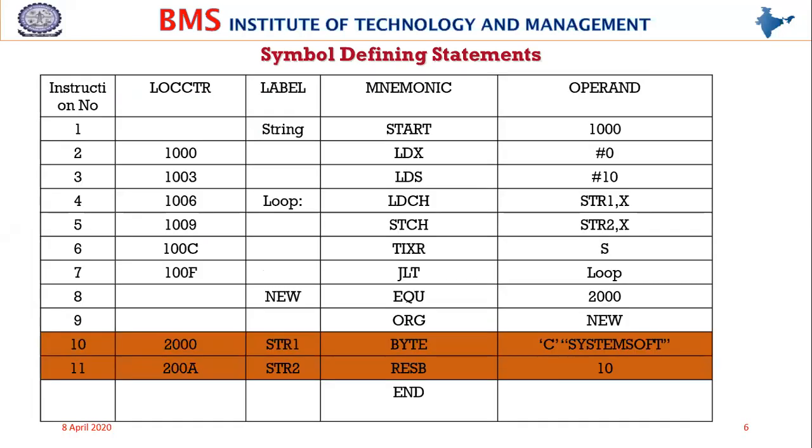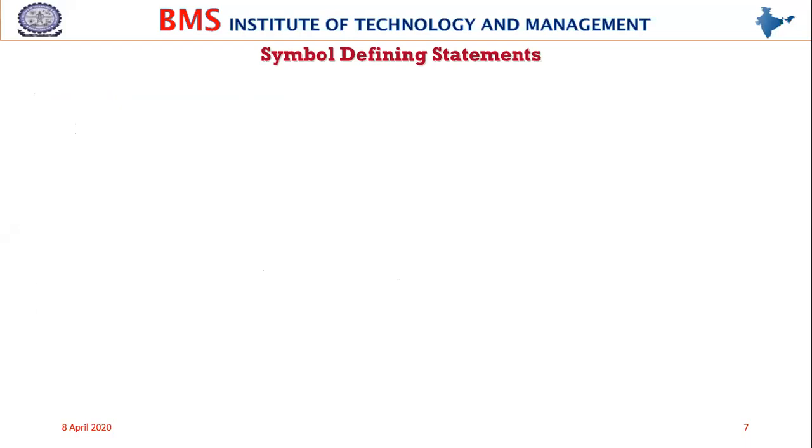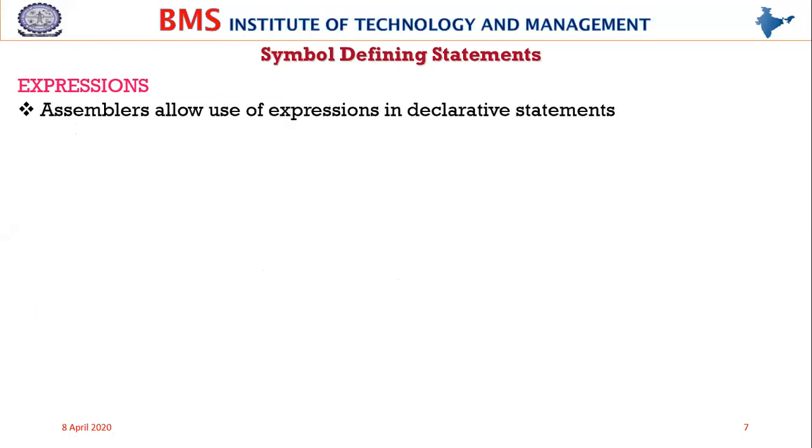Right? Next, we have something called expressions. This is of certain use, as we're going to see. The assembler allows use of expressions in declarative statements. So till now, we declared an integer constant, integer variable, or character constant or character variable in the declarative statement using resb, resw, or else byte or word. These assembler directives we use to make the declarations.